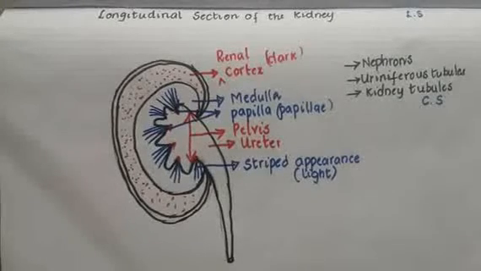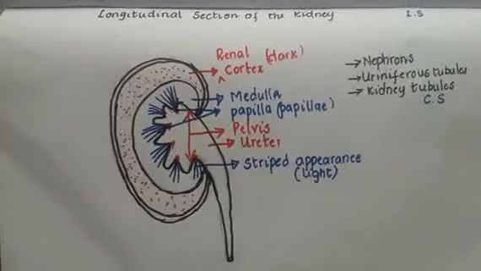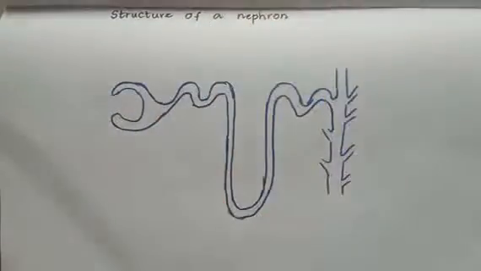Yes, children, now let us learn about the structure of a nephron. As I said, nephrons are the structural and functional units of the kidney, which are found in the cortex and medulla of the kidney.